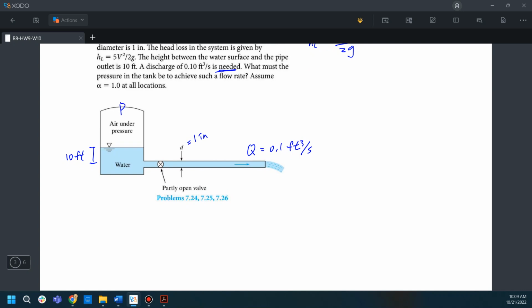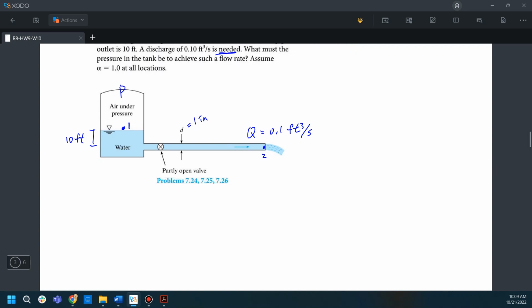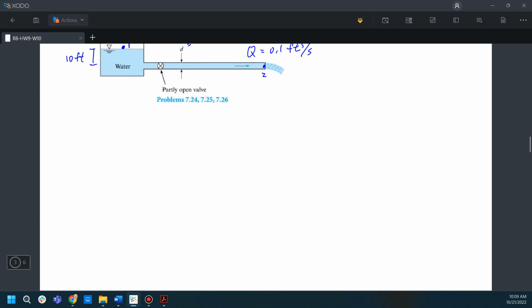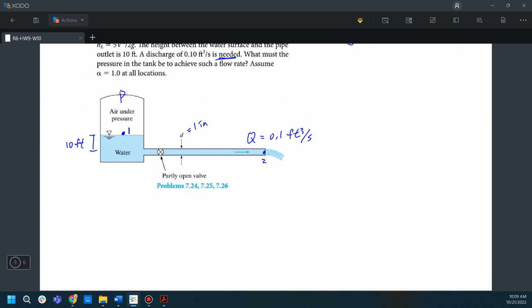So again, we need to apply the energy equation for this question as well. We define point 1 to be here and point 2 to be the outlet. And the energy equation, which we have already repeated a lot of times, is equal to this.